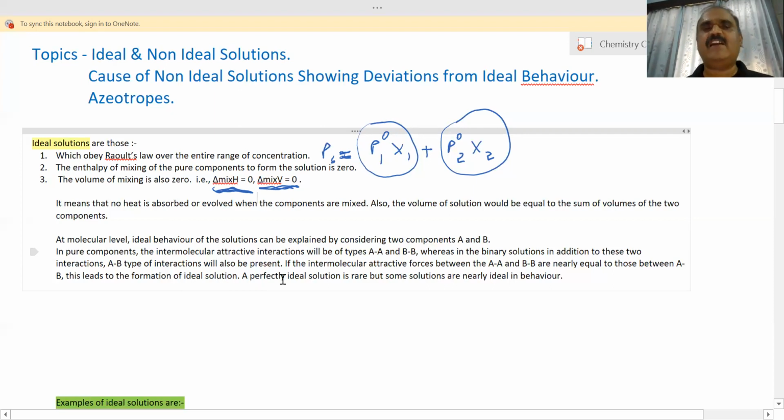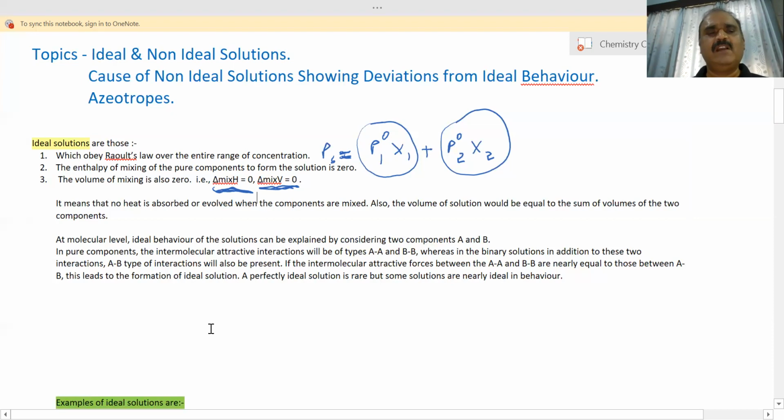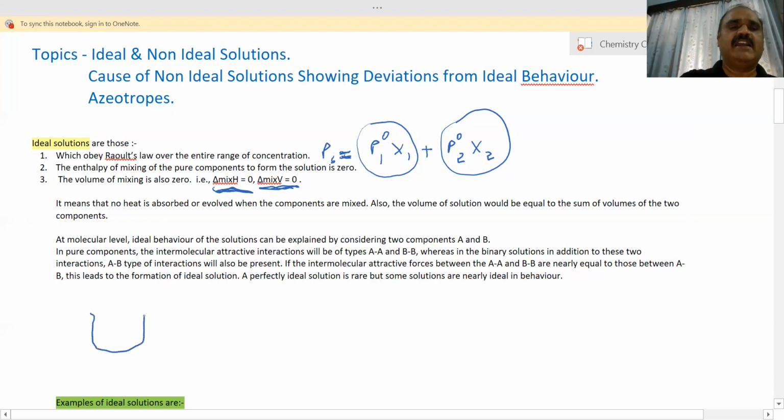A perfectly ideal solution is rare, as I told you earlier, but some solutions are nearly ideal in behavior. Let me explain you. For example, in this beaker, I have a pure liquid A. So it is having only A particles, molecules, atoms, ions, whatever. It is made up of A particles only.